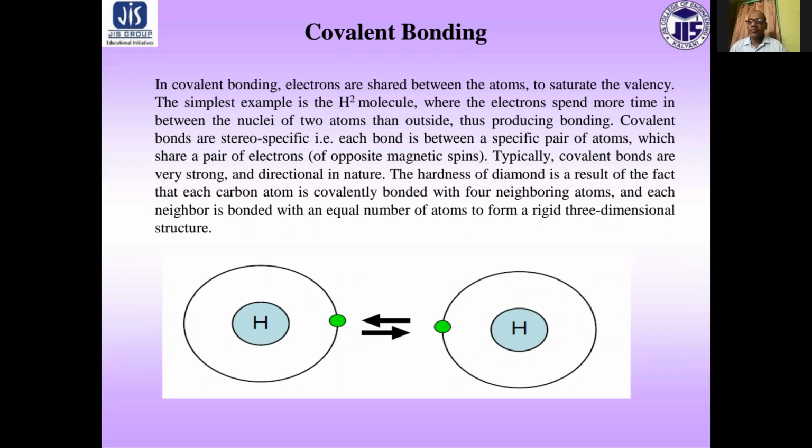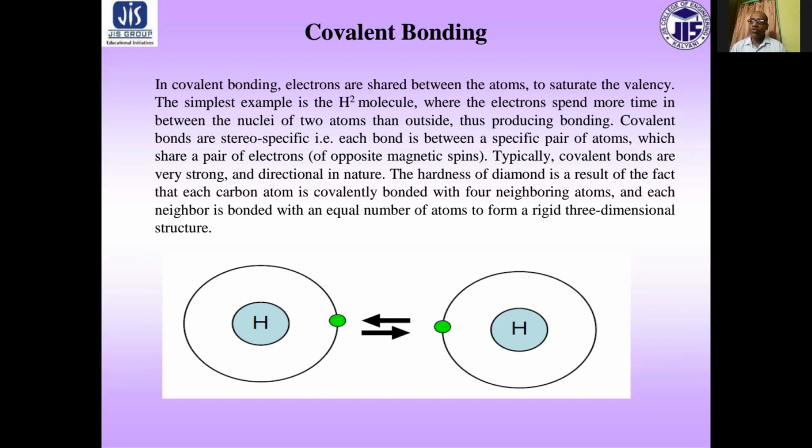The simple example is the hydrogen molecule, where the electrons spend more time in between the nuclei of the two atoms than outside, thus producing a bonding that is called covalent bonding. Covalent bonds are stereospecific, that is, each bond is between a specific pair of atoms which share a pair of electrons with opposite magnetic spin.